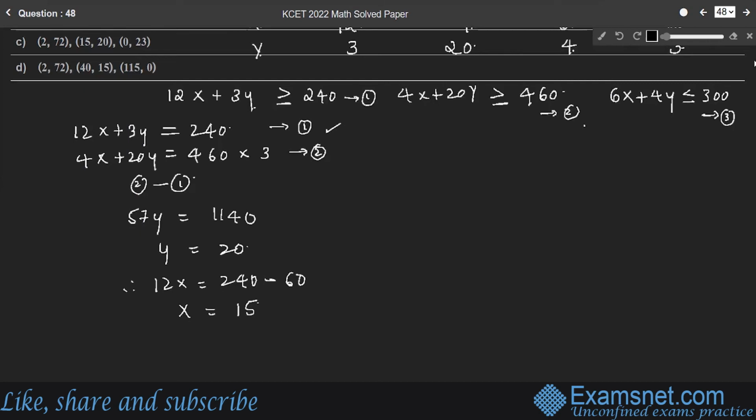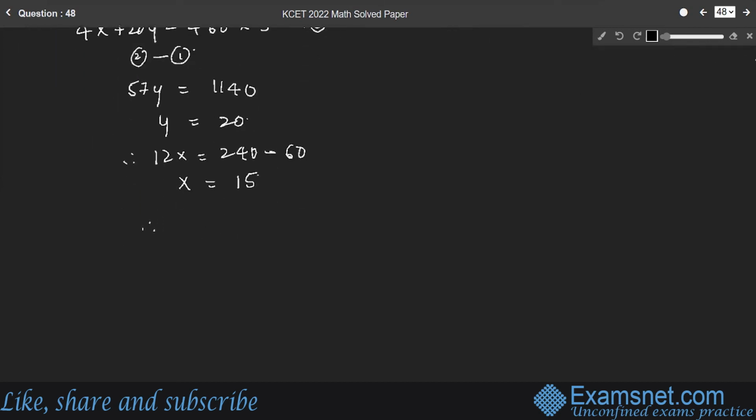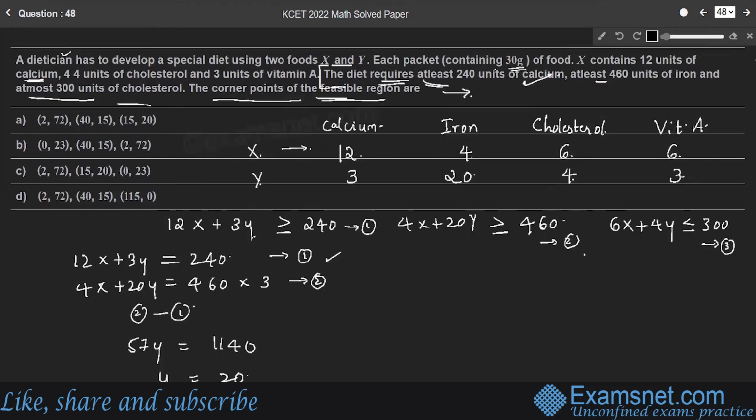One of the feasible points is (x, y) equal to (15, 20). Among the 4 options, in options A and C we have one of the points as (15, 20), so we have to decide. No need to consider options B and D.